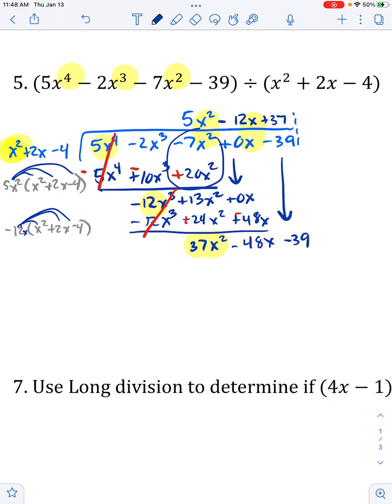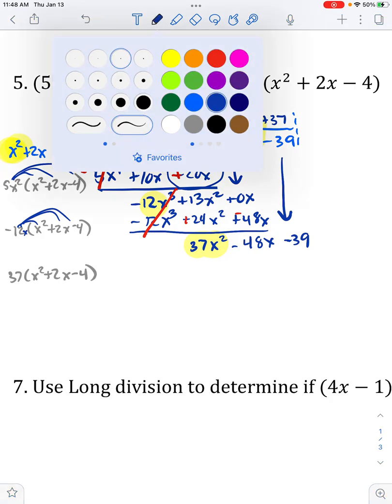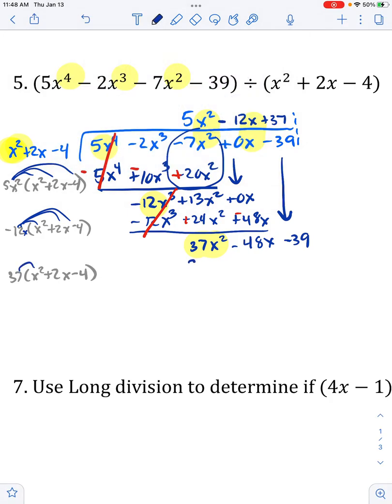So I'm going to multiply my side thing by 37, giving me 37x squared, which is what I needed because they had to match, and then plus 74x, and then 148, but it is minus, as I distribute.